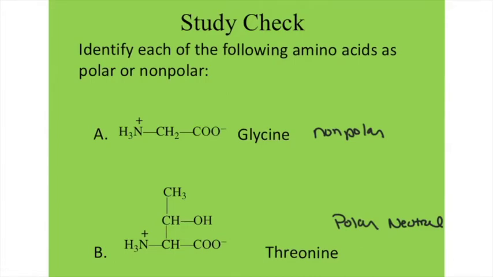And at the body's pH, which is around 7.2, both ends will be charged. Okay, so when the amino acid is in your body, it does not have the H on the carboxylic acid group, and it does have the H on the ammonium end, on the amine end.